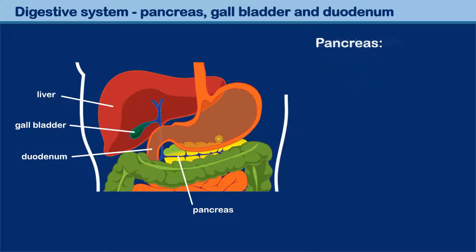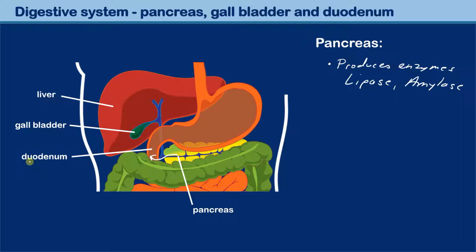We move on. The pancreas is this yellow structure over here, a little bit hidden behind the stomach and the large intestine. The pancreas produces enzymes, specifically lipase and amylase. And these are given off also into the small intestine.